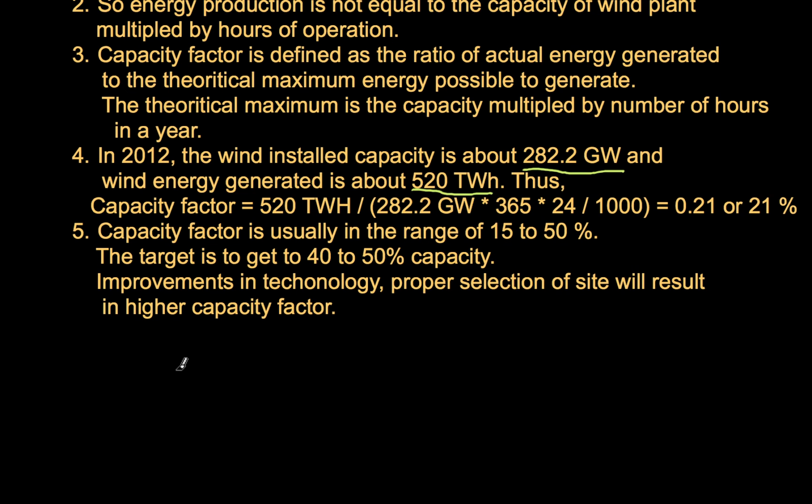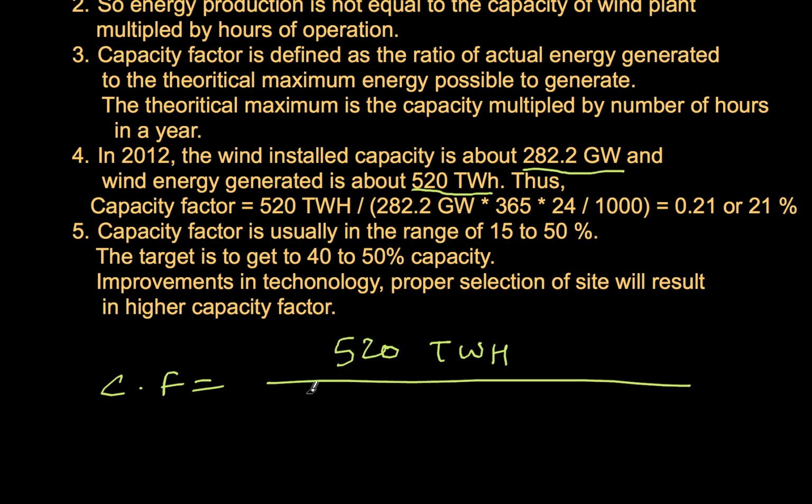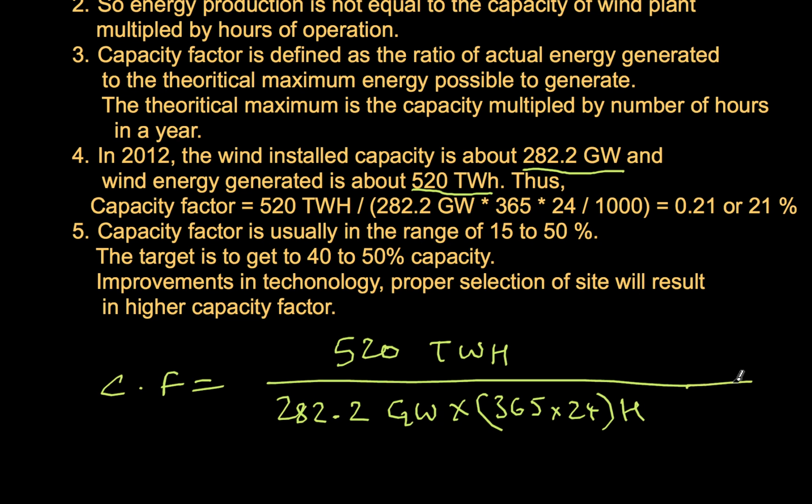So capacity factor is actual energy generated, 520 terawatt hours, divided by 282.2 gigawatts times 365 times 24 hours. Now this is in gigawatt hours, so to convert a figure in tera into giga, you have to multiply by 1000.